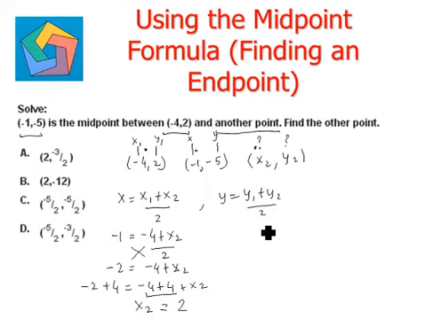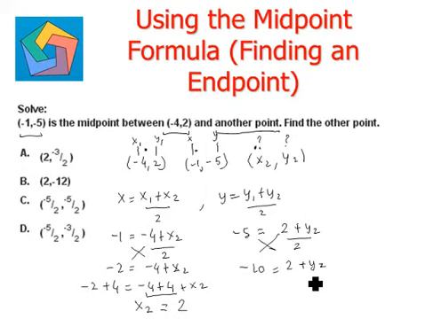Therefore x2 equals 4 minus 2, which equals 2. Now let's find out y2. We know the value of y is -5. y1 is 2. y2 we have to find out, divided by 2. So now we get -10, we cross multiply, equals 2 plus y2.